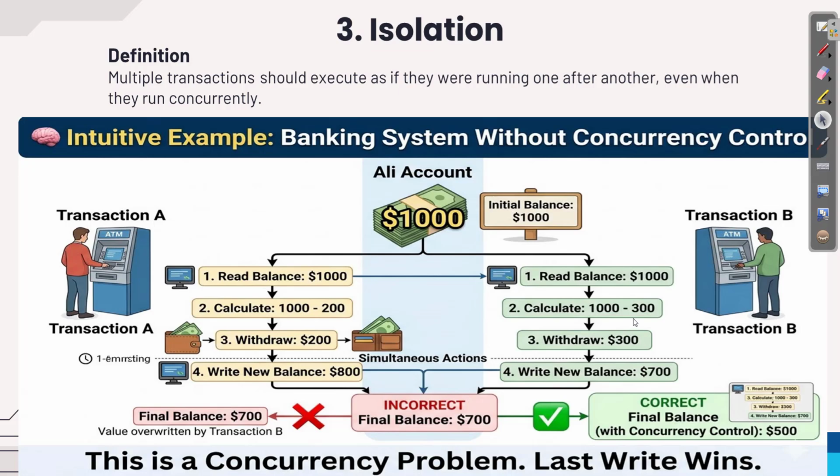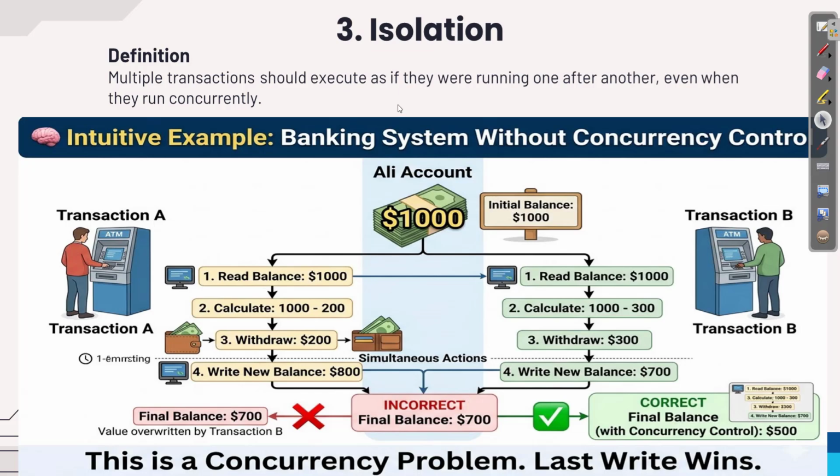At the same time, user 2 in transaction B draws $300 and writes the new balance $700. This is incorrect because the correct balance is $500, because user A draws $200 and user 2 draws $300. So it should be $500 rather than $700. This is the typical concurrency problem, the lost write problem.